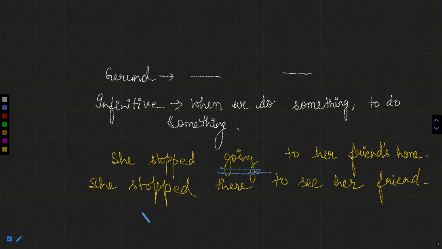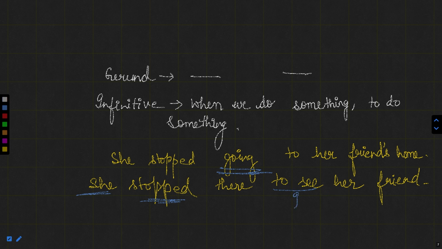It means she has restricted going, or she has now stopped herself from going to her friend's home. It simply means that she does not go to her friend's home from now onwards. But if I say she stopped there, it means this stopped has been used for her. That she stopped there, and now for what did she stop? She stopped there to see her friend or to meet her friend.